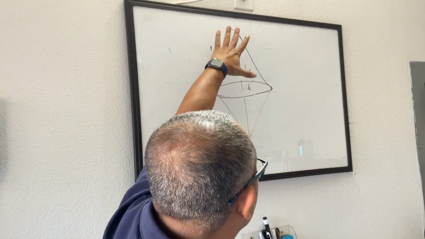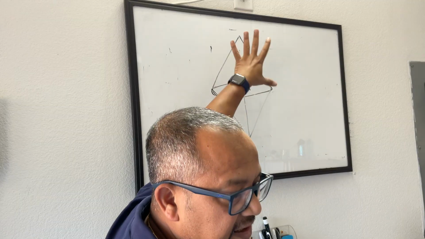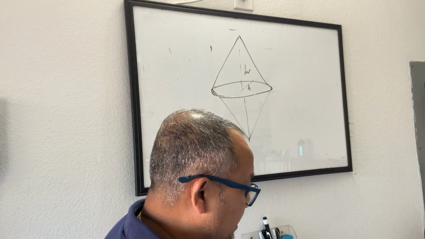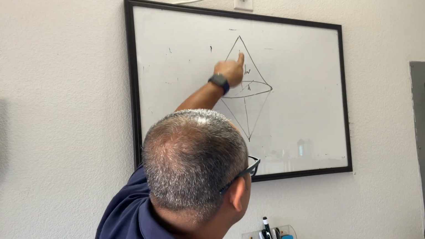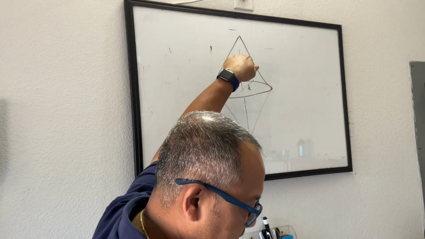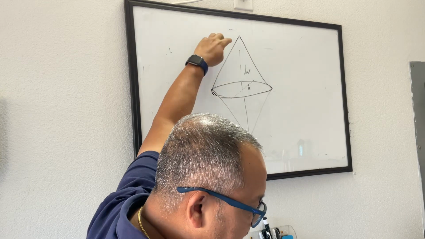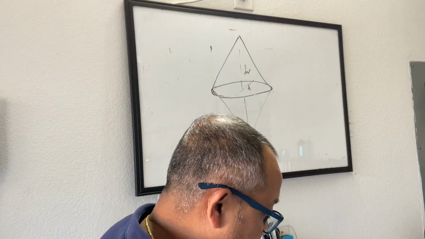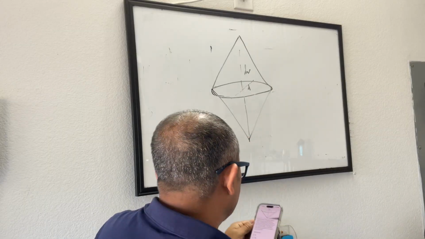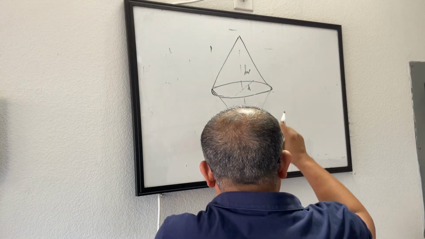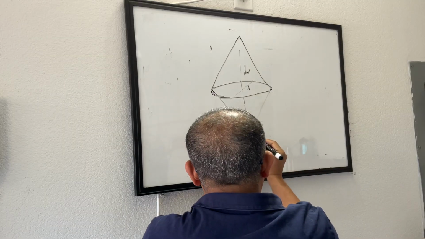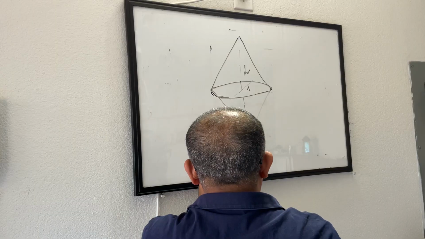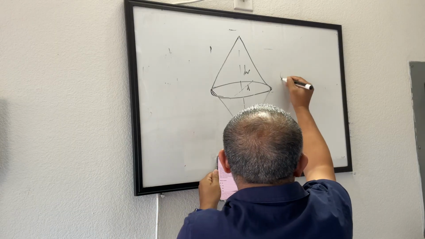The height of the top, which is created by fusing these two cones, is h. This whole height is h, which is the distance between the two cone points, is 6 centimeters.